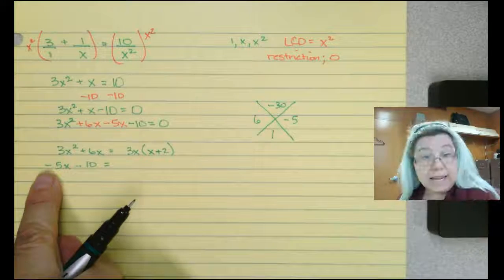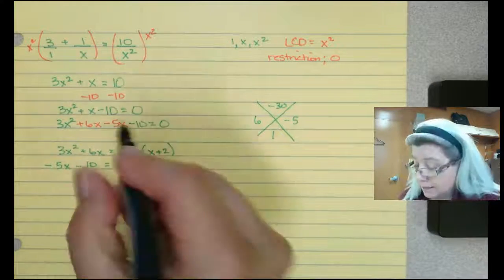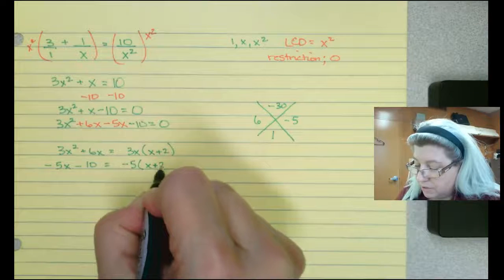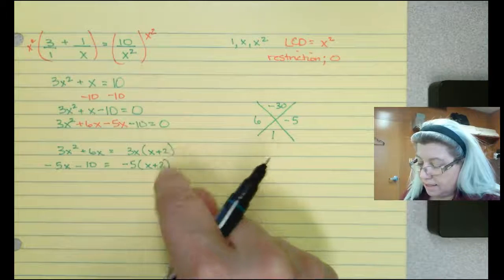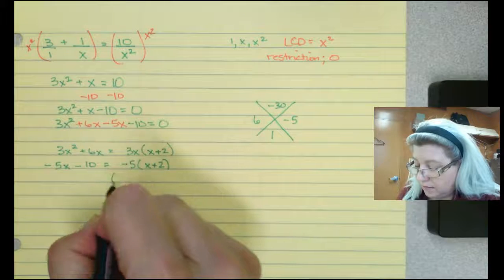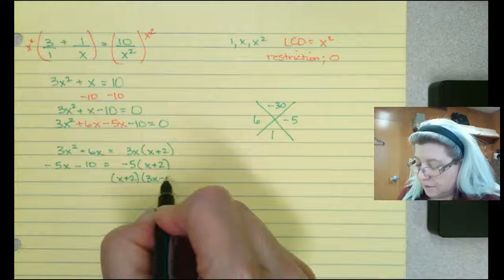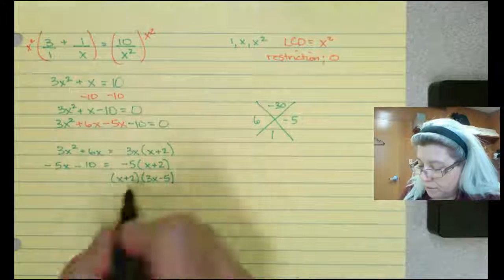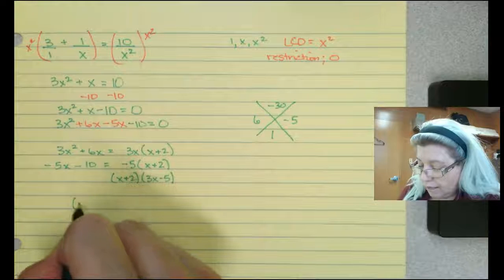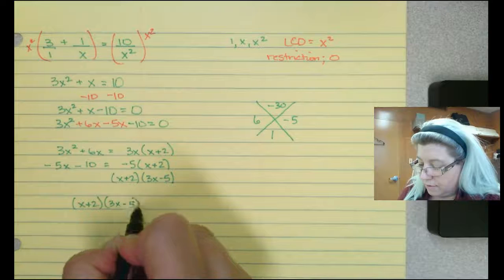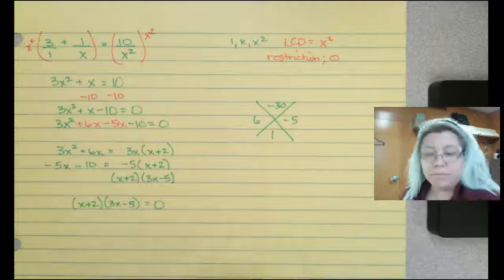For the negative 5x minus 10, let's factor a negative 5 out, leaving x plus 2. Well, it looks like they have the x plus 2 in common, so let's factor that out, leaving 3x minus 5. So, x plus 2 times 3x minus 5 equals 0.